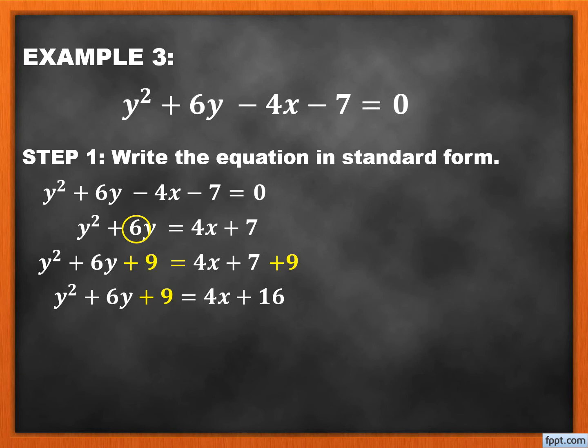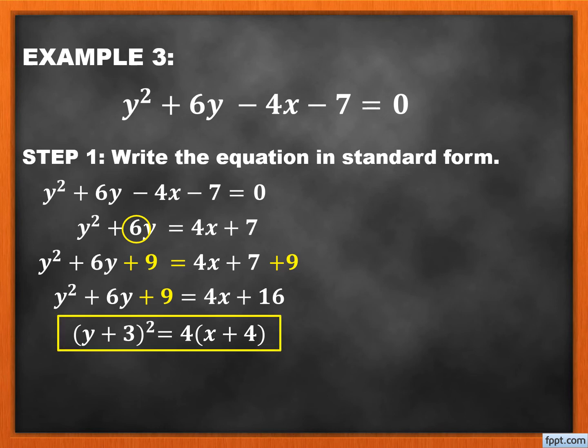Adding 7 plus 9, we have 16. And factoring y squared plus 6y plus 9 and 4x plus 16, we have (y plus 3) squared equals 4 times (x plus 4). And that is the standard form of the equation of our parabola.